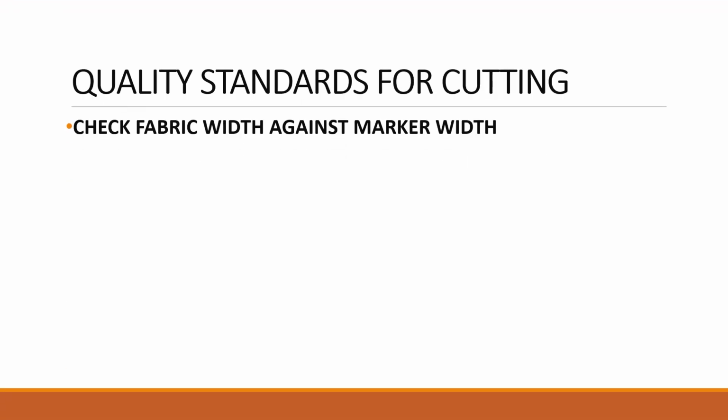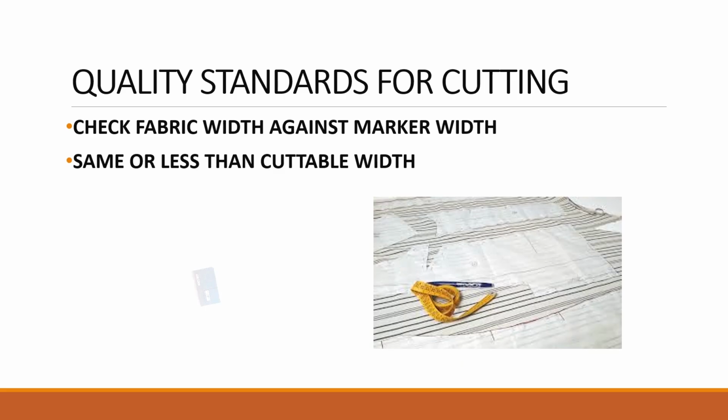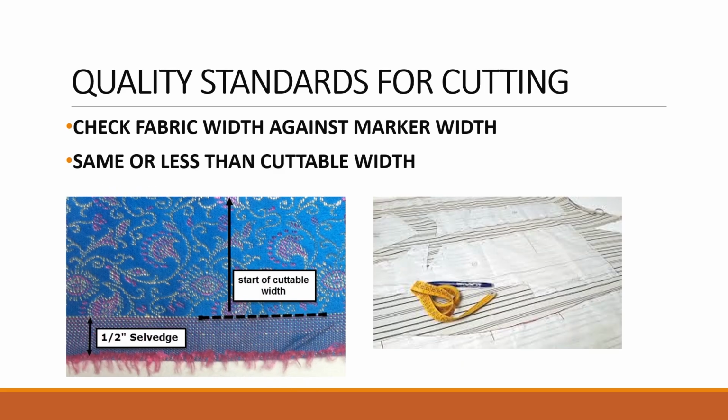Similarly, if we want to check the width of the material or the fabric, you have to check the fabric width against the marker width. And this is almost the same as the cuttable width. What is cuttable width? As can be seen in the particular photograph, how does the cuttable width look?